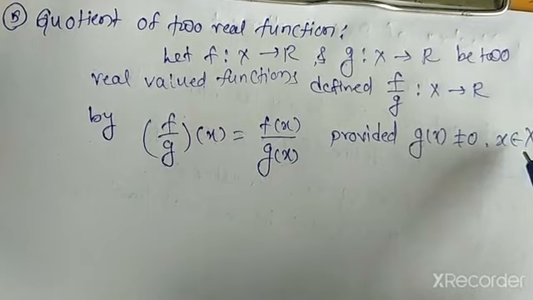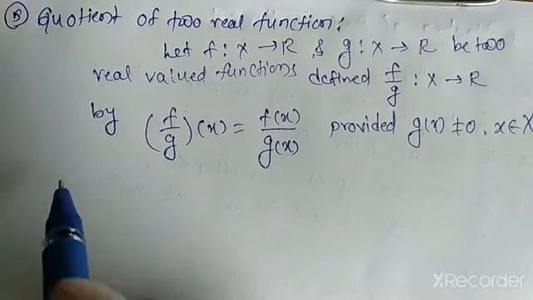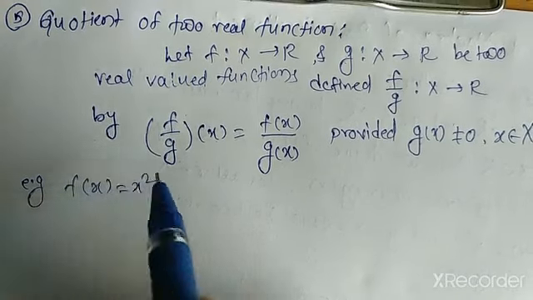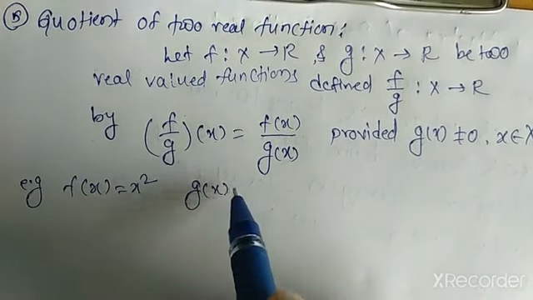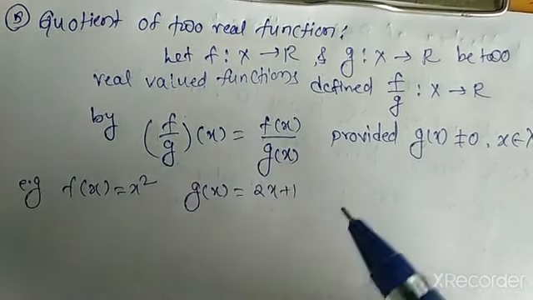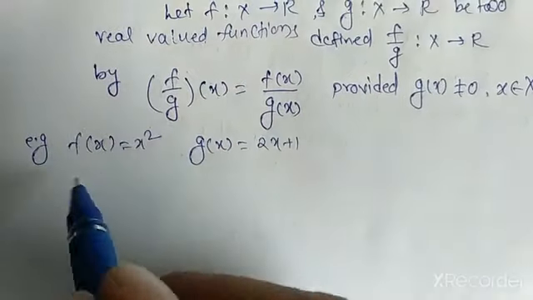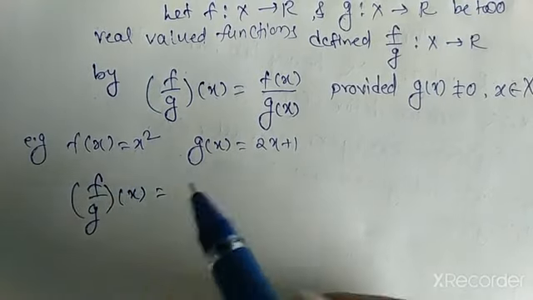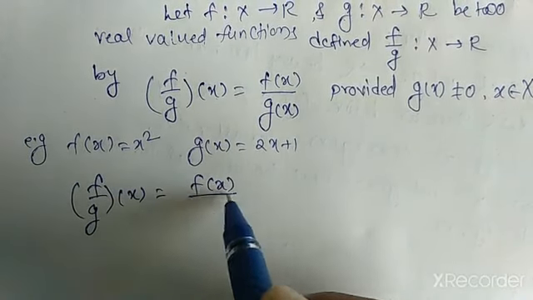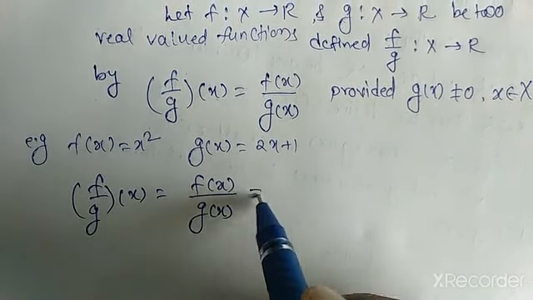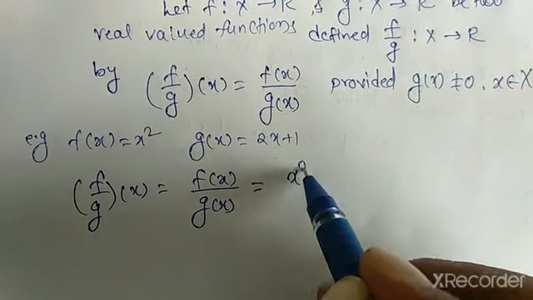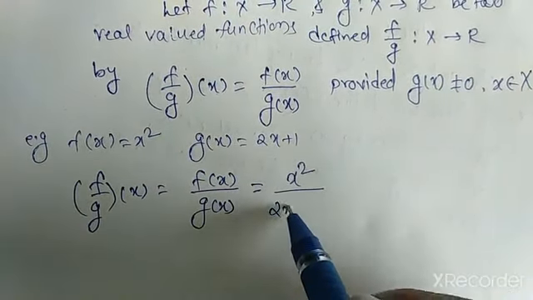So for example, if we consider f(x) = x square and g(x) = 2x plus 1, then we find (f/g)(x) = f(x) upon g(x), which is x square upon 2x plus 1.